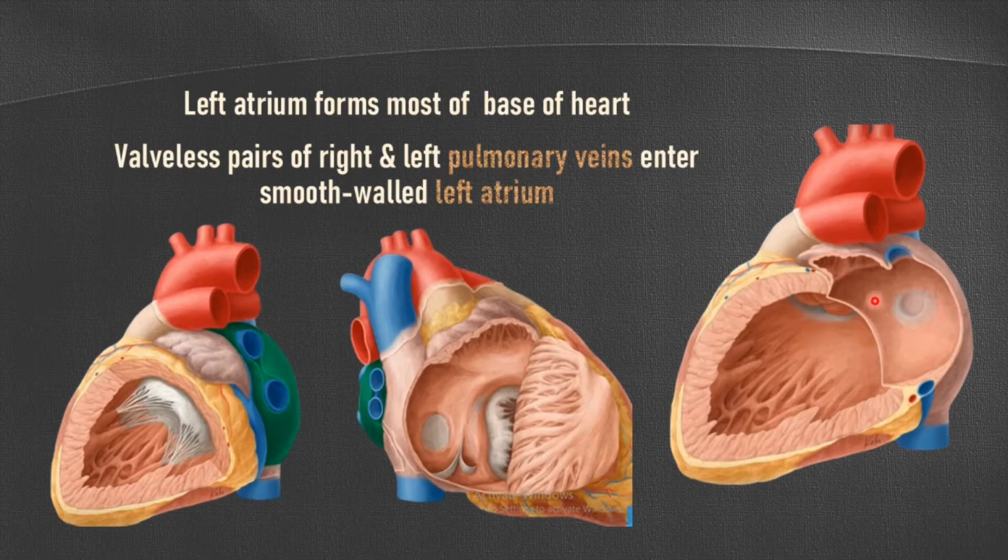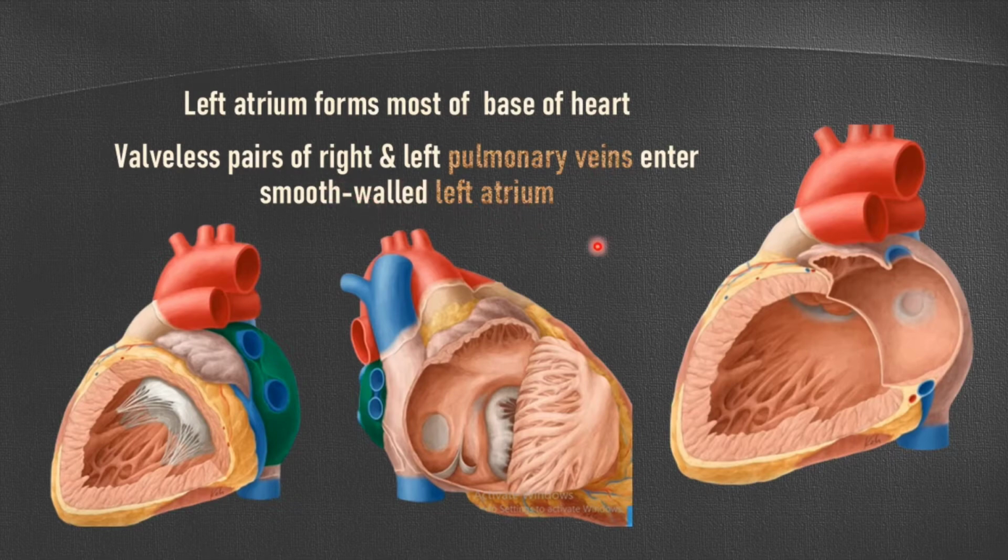So it receives two pairs of veins, the pulmonary veins, which are not attached with a valve. They are valveless veins. Two on the right side, two on the left side. As you can see, these are the two left pulmonary veins, superior and inferior, and two right pulmonary veins, superior and inferior, right? So these valveless pairs of right and left pulmonary veins enter the smooth-walled left atrium.